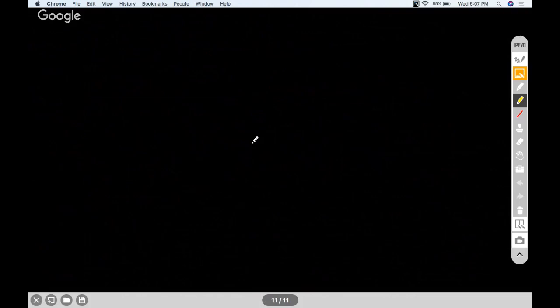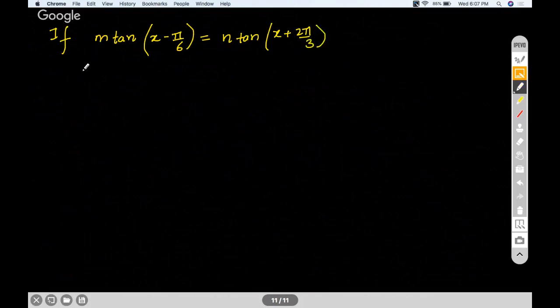Okay, next question is, if m tan x minus pi by 6 is n tan x plus 2 pi by 3, then prove that 2 times m minus n is m plus n sec 2x.